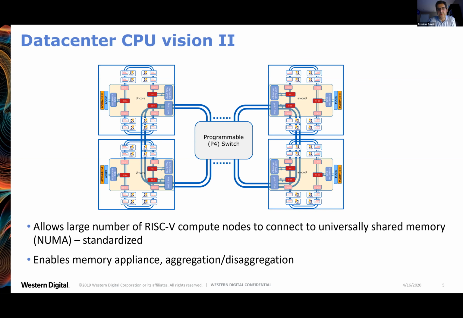We very much like the vision of using programmable switches. The base version of the protocol will work with Ethernet switches as well, as it's on top of L2. Programmable switches allow us to do interesting things, potentially bringing more performance to the system. And this kind of architecture enables memory appliances.